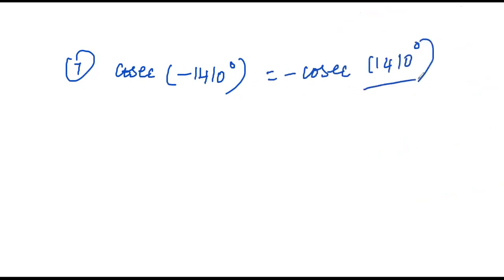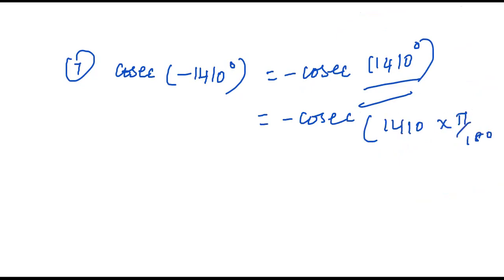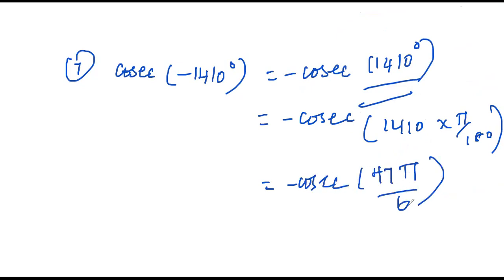Now you can rewrite this 1410 degrees in terms of radians. So minus cosecant of 1410 times pi by 180. If you do that, you have minus cosecant of 47 pi by 6. So this is an improper fraction.